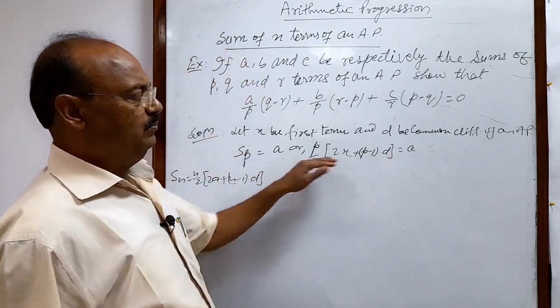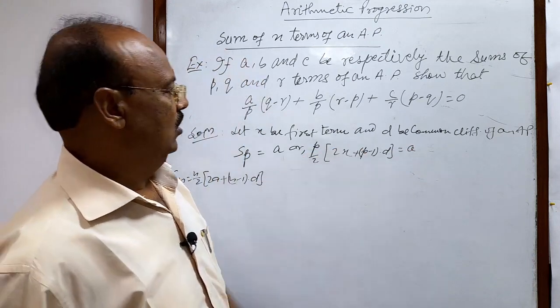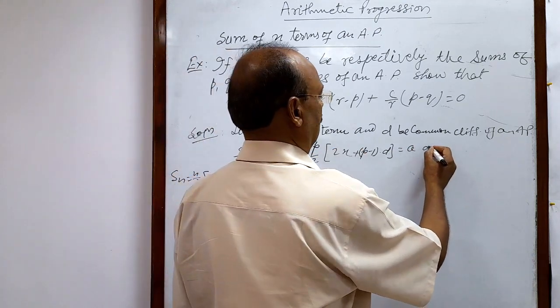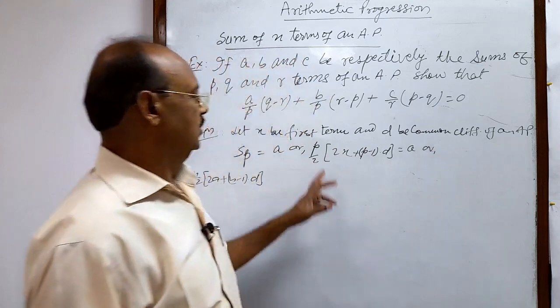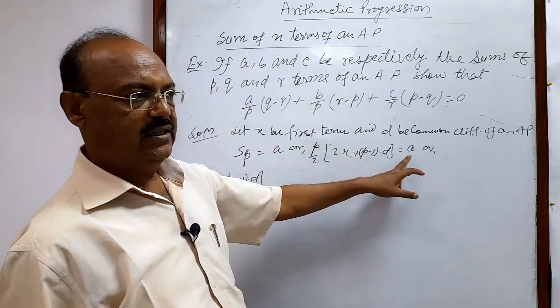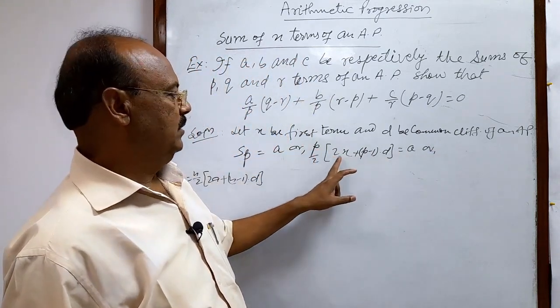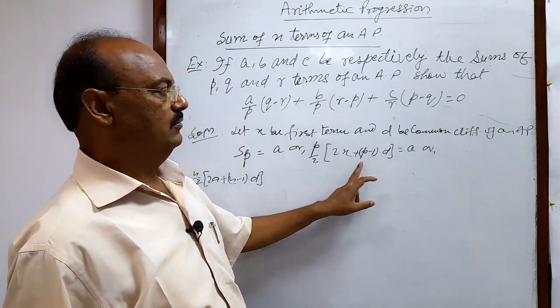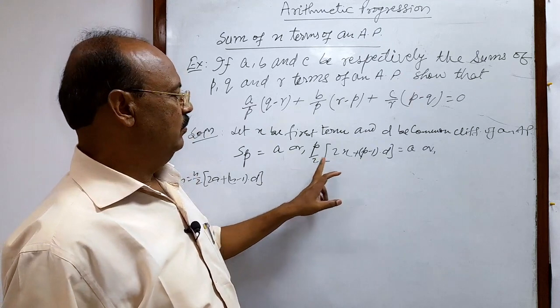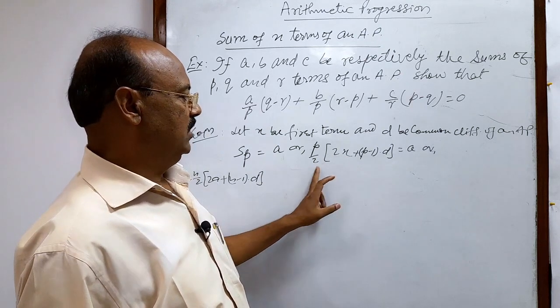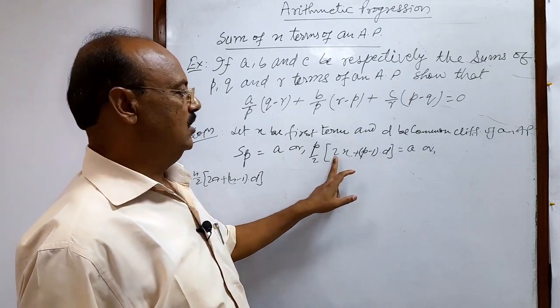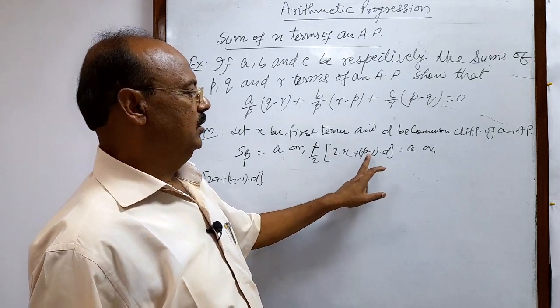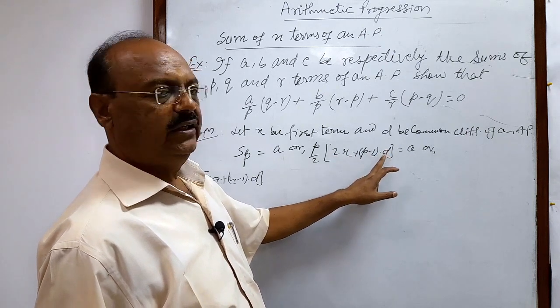Now we have to simplify it. We will transpose this P to the right hand side and multiply each of the two terms inside the bracket with this half. Whenever we multiply these two terms with half, this 2 will be cancelled out and here we will get (P minus 1) into D by 2.